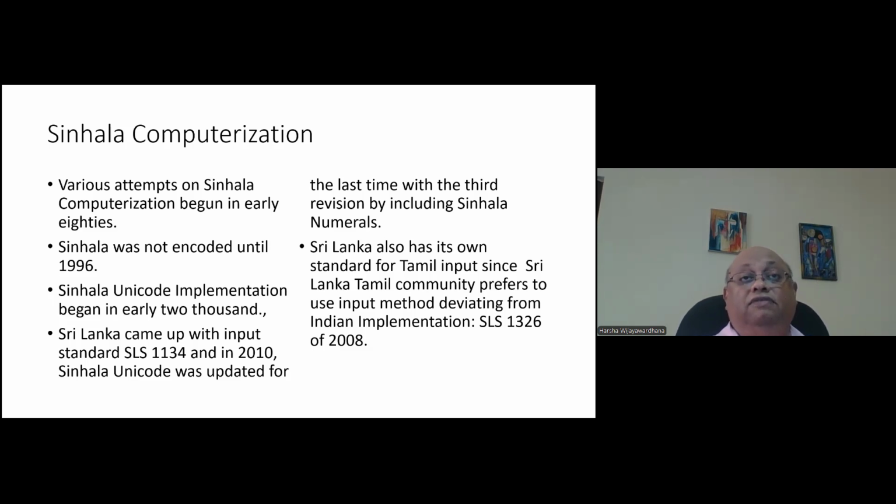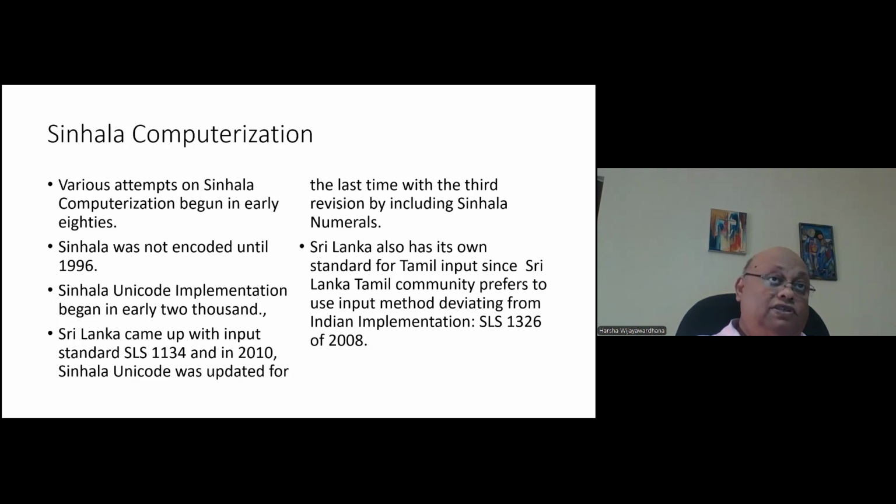That is a software development unit of the UCSC, University of Colombo School of Computing, which was involved with the initial development of Sinhala Unicode fonts. Prior to that, Dr. Nandasara had done a Sarasavi font, which was a proprietary font. So we did the Sinhala Unicode font later.